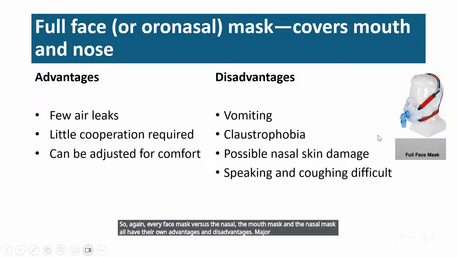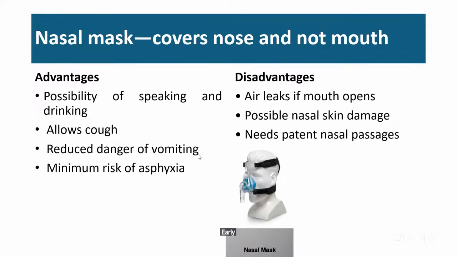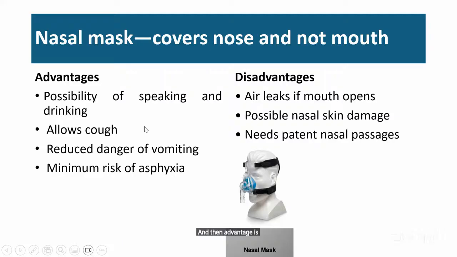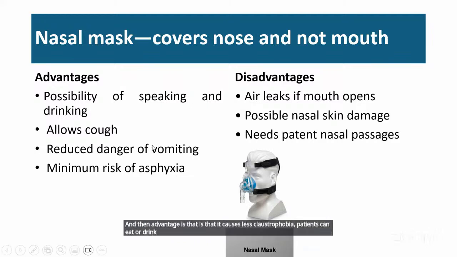The major disadvantage of the face mask is that it causes claustrophobia, but the advantage is that it has a lesser air leak. The major disadvantage of a nasal mask is that it sometimes causes air leak, and the advantage is that it causes less claustrophobia. Patients can eat or drink because the mouth is open.